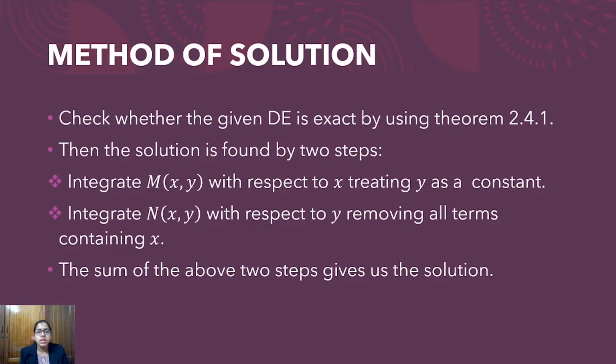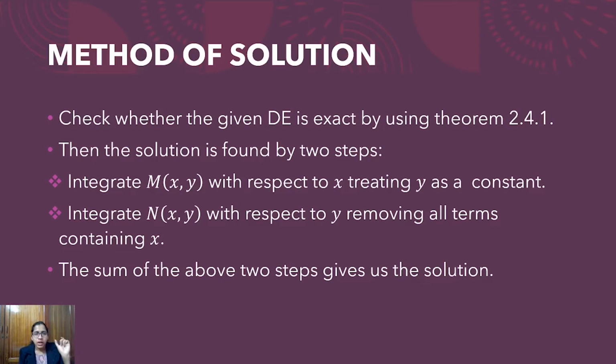Suppose a differential equation is given to us and we are asked to find the solution. First of all, check whether the differential equation is exact using the previous theorem. So if it is exact, then ∂m/∂y will be equal to ∂n/∂x. That is the condition to be checked. If that is true, then the solution is as follows.